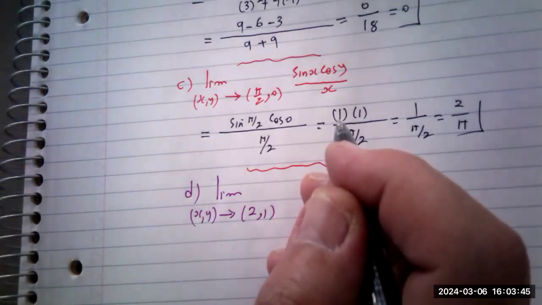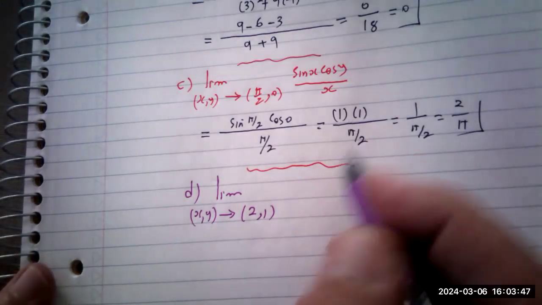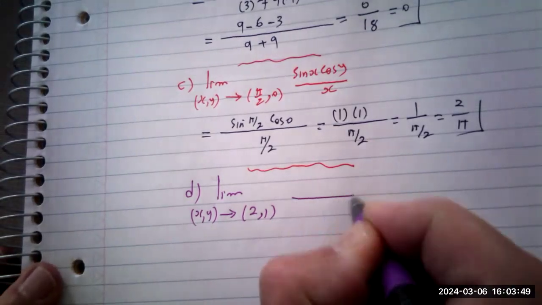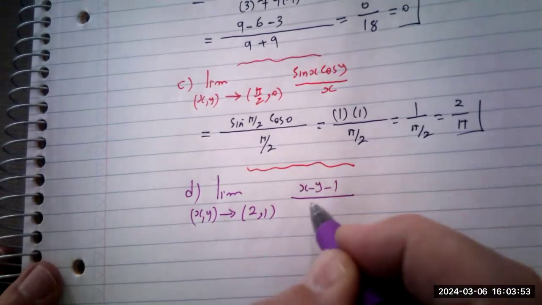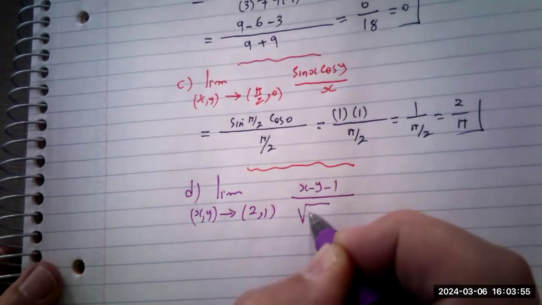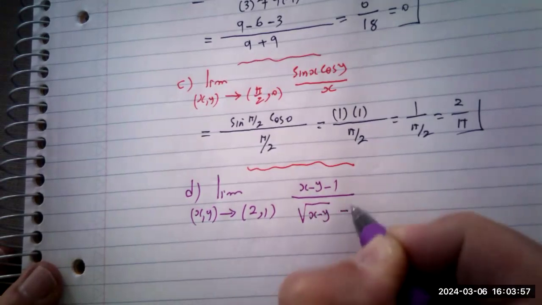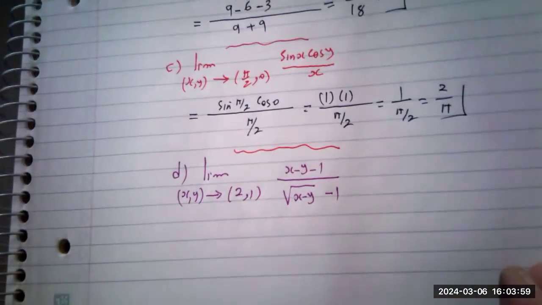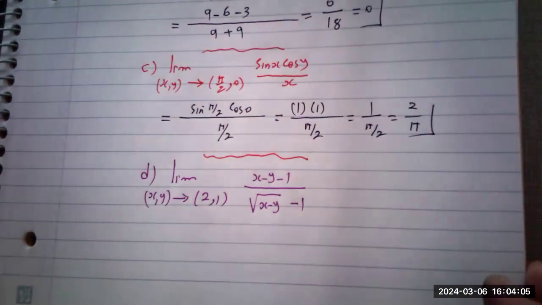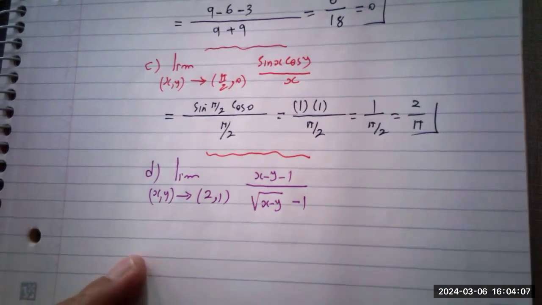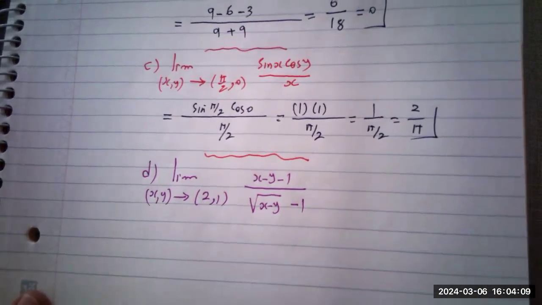On the top you get x minus y minus 1, and on the bottom you get the square root of x minus y, then minus 1. This is a very famous one. It's one of the problems in your book, and we did a similar one in the lecture.